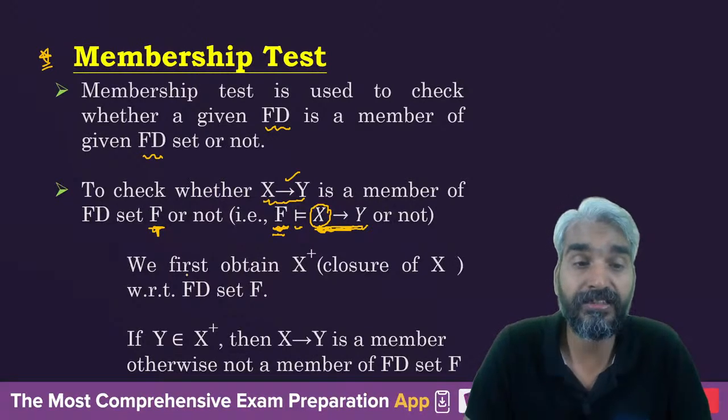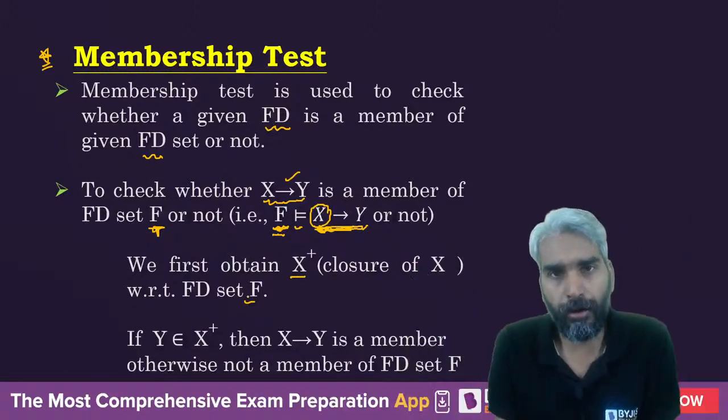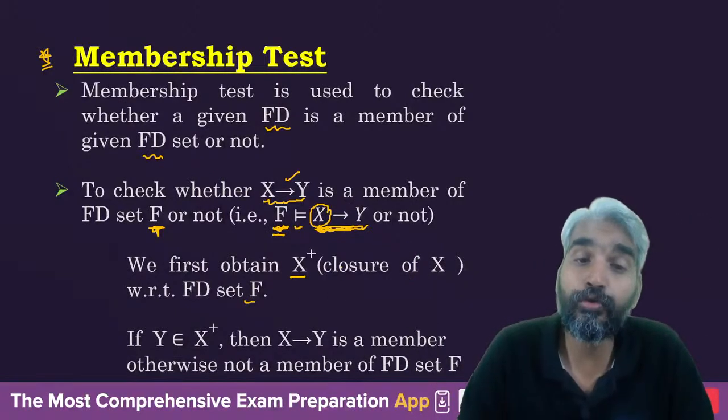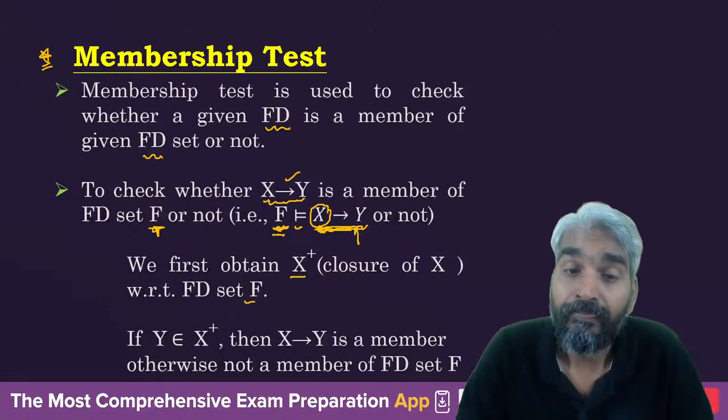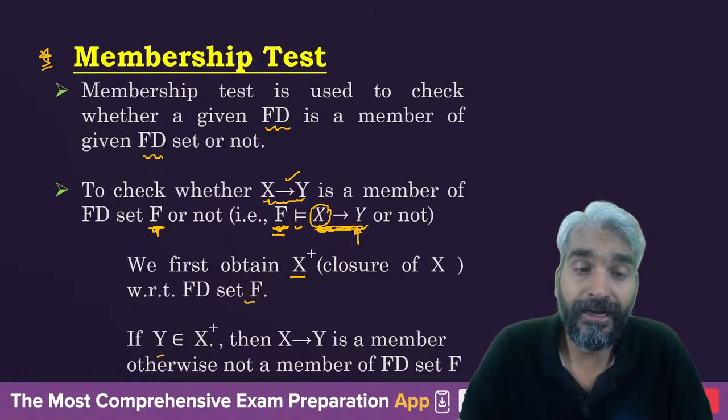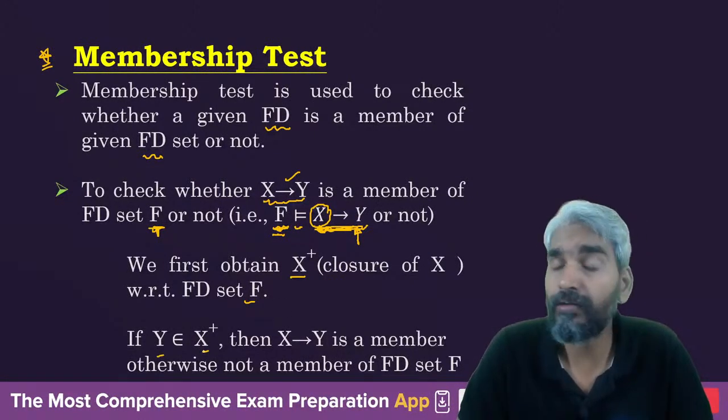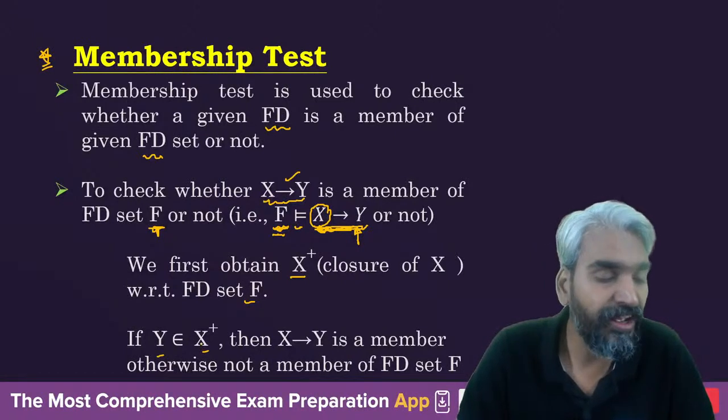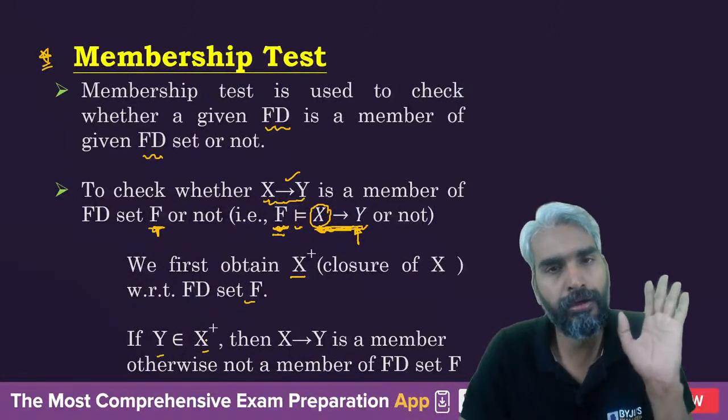So the very first thing you need to do is obtain the closure of X with respect to FD set F. Once you have obtained the closure, you just need to check whether Y belongs to the closure of X or not. That's all you need to check.